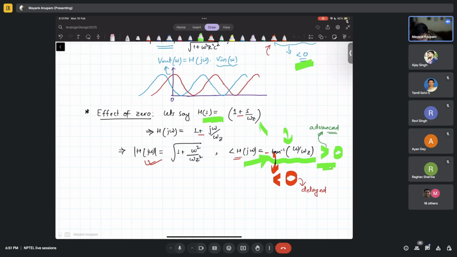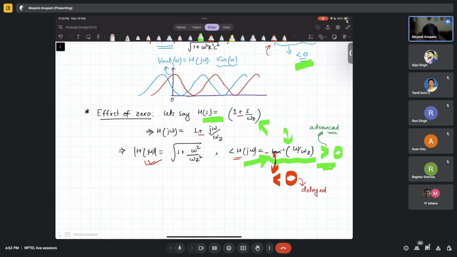Because if the system has only zeros, then it can become advanced, right? So that is not possible. So what do you think should be a case which is practically feasible, which God can allow to appear in this universe? I think we might have poles either exactly equal to the number of zeros, or more than the number of zeros. Exactly. Very good.